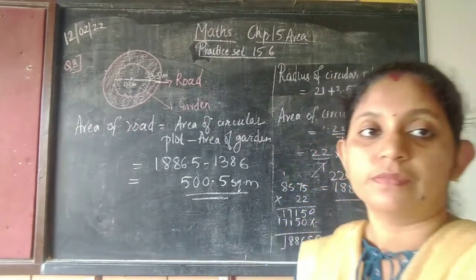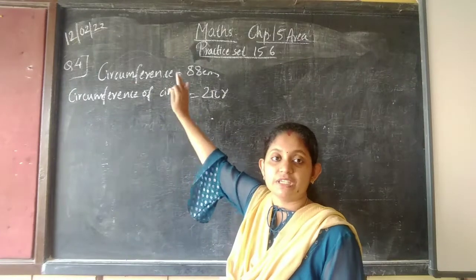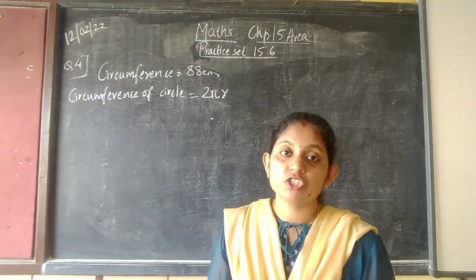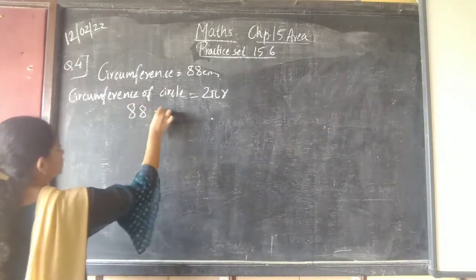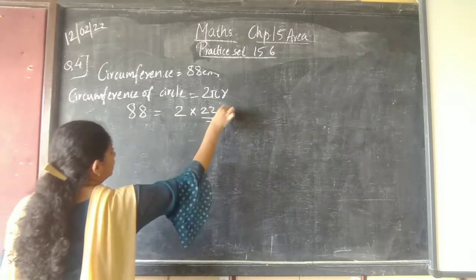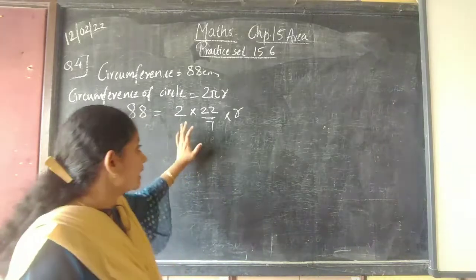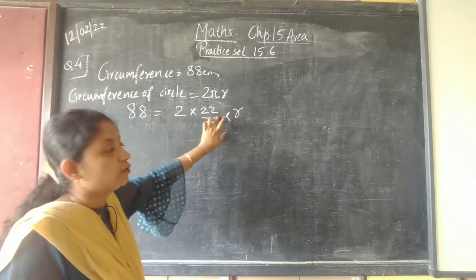Let's see. Okay. Now what is given here? Circumference given as 88 centimeter. We know circumference of circle is equal to how much? 2 pi r. Circumference given as 88 is equal to 2 into pi value 22 upon 7 into r. Now students, what you can do is either you can shift the entire thing over here, or first you multiply 2 into 22.